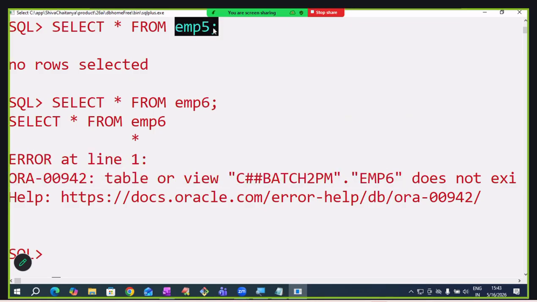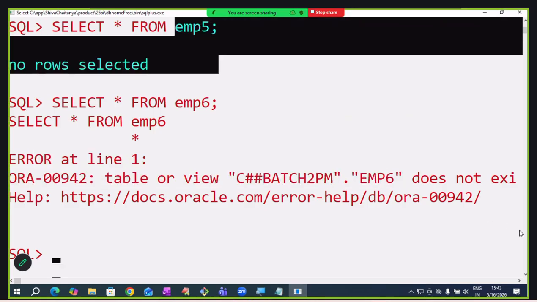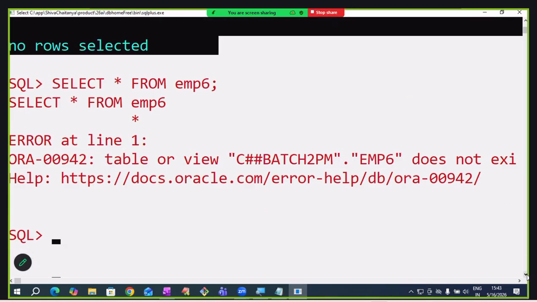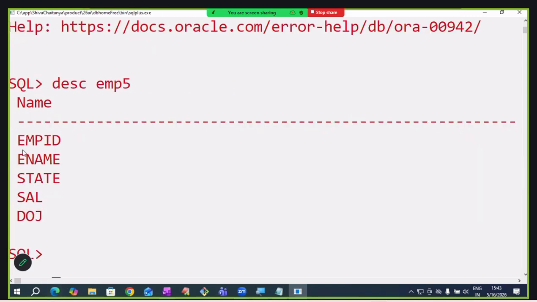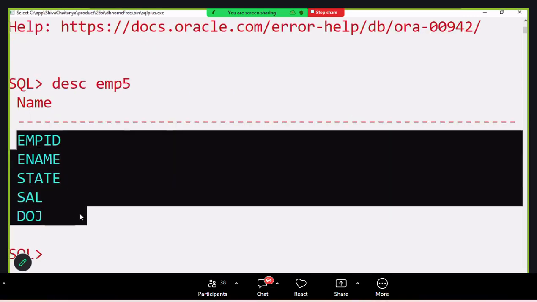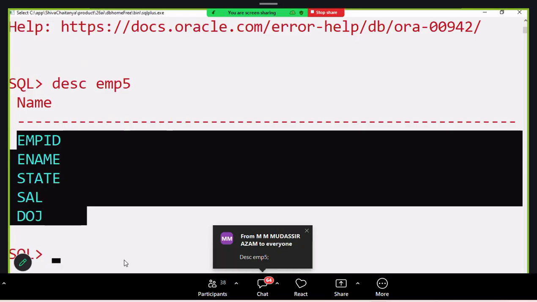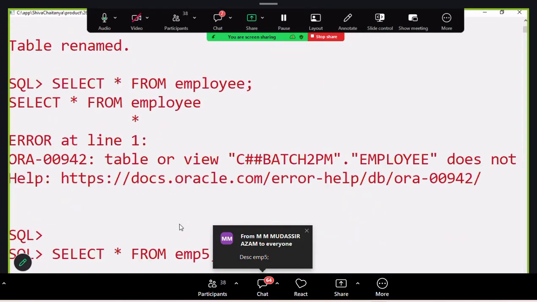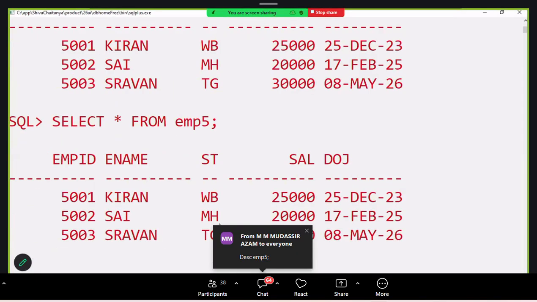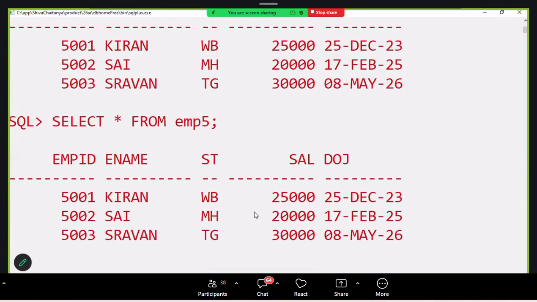But here it is telling that no rows selected. Means table existed. But in that no rows are there. Describe EMP5, structure is there. Observe, sir. Table structure is there. But the table is not having any rows. So to delete all rows with good performance, we are using this truncate command.